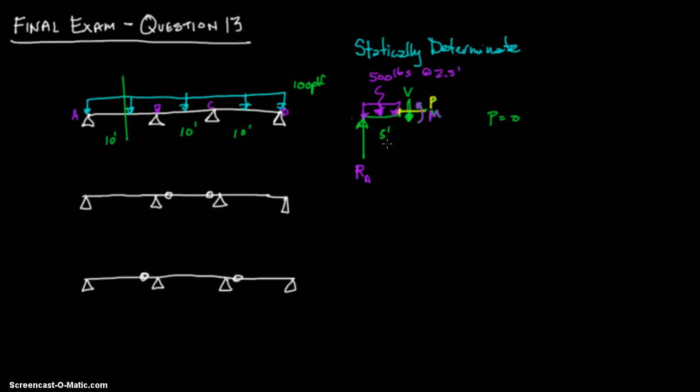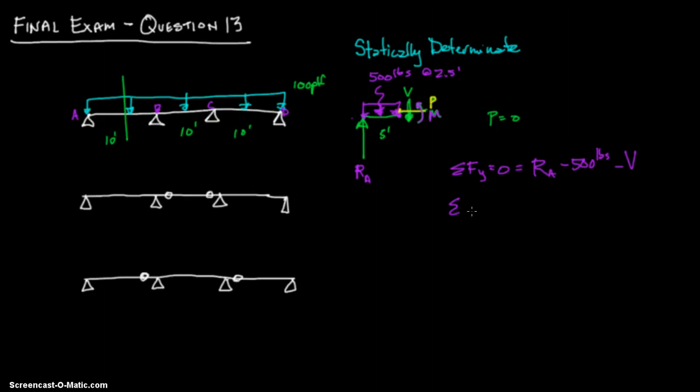So for instance, if you want to sum the moments, could you do it? Actually, let's first try to sum the forces in the y direction equals 0. And you have RA is positive, minus 500 pounds, and then minus V. So you have two unknowns right now, which you can't solve for.